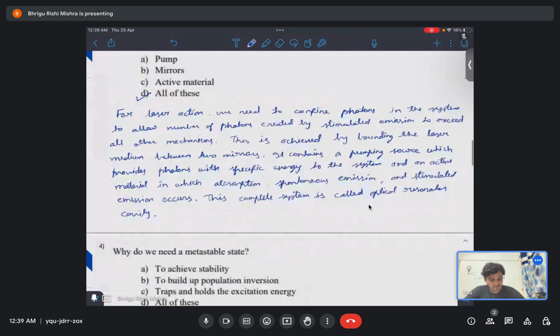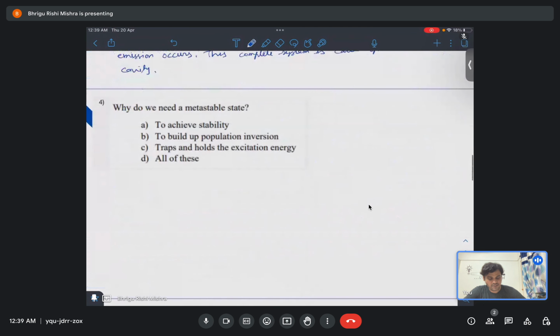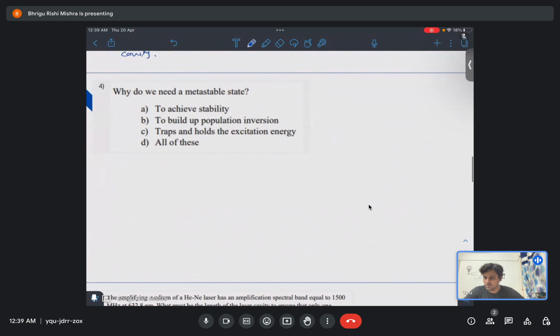Okay, so next we move to question 4. Why do we need a metastable state? Okay, so what is a metastable state and where is it present? First let's know about that.